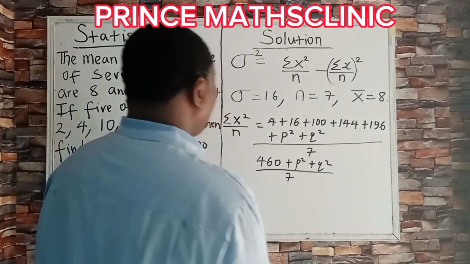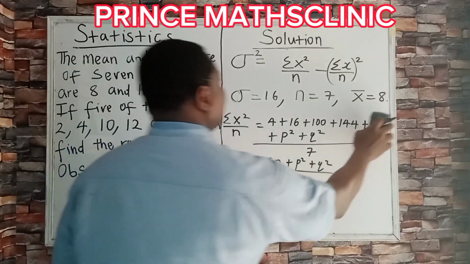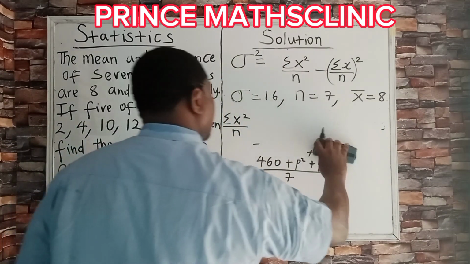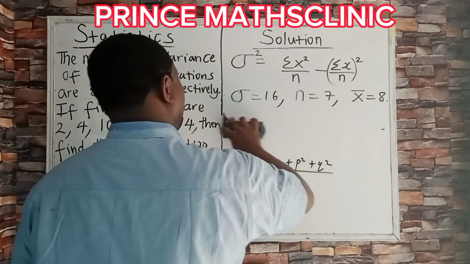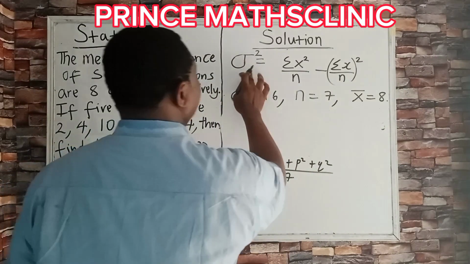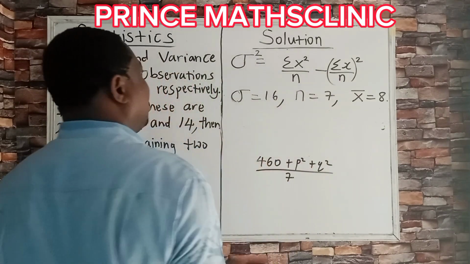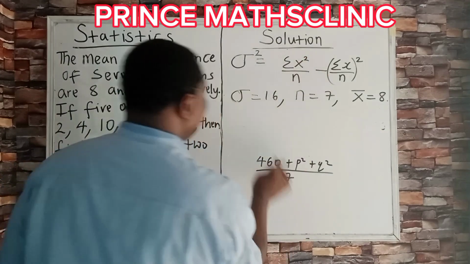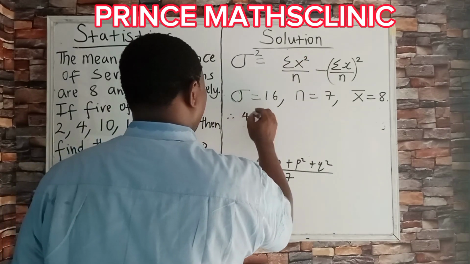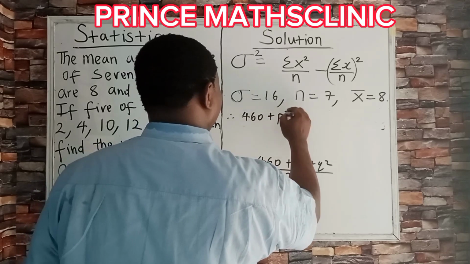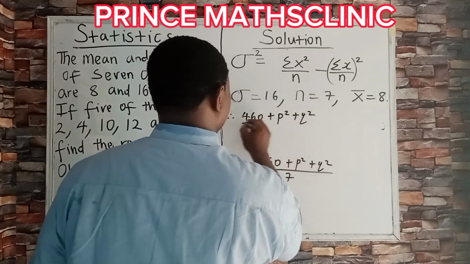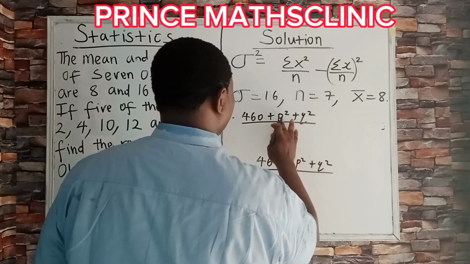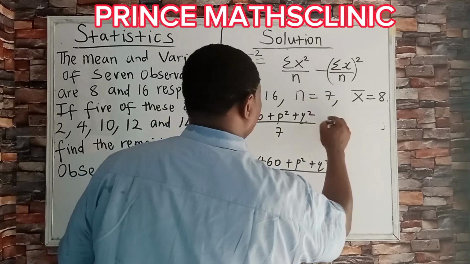Good. So now that I know that, remember this is my variance, the formula for my variance. So this part is what I have here. Therefore, 460 plus p squared plus q squared, everything over 7, then minus.